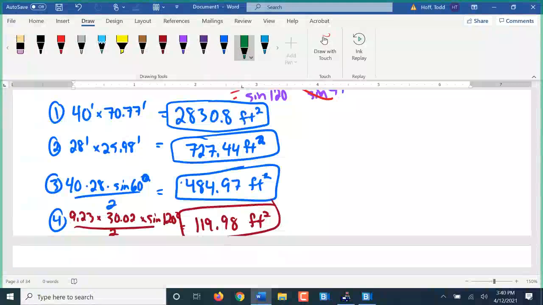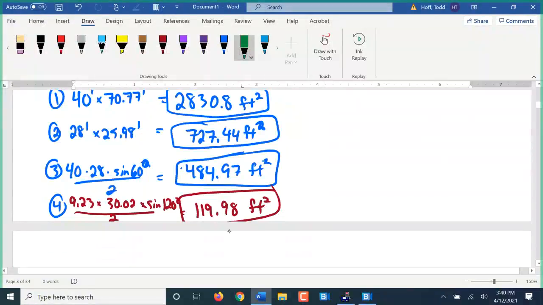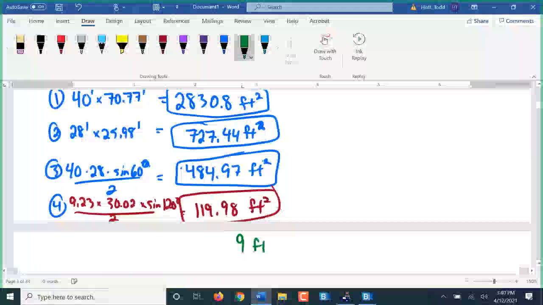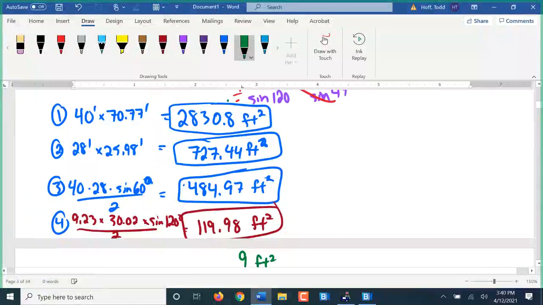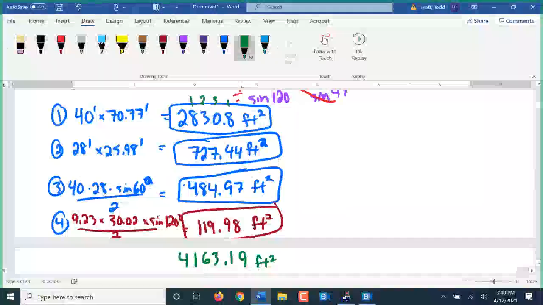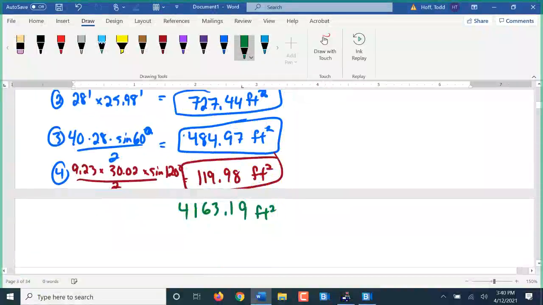So our area is found by adding stuff up there: $1,163.19 square feet. Does that look right?